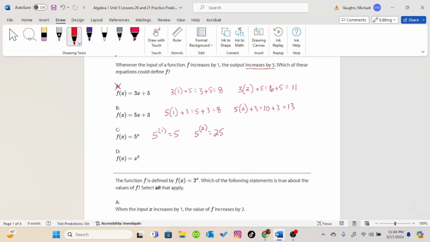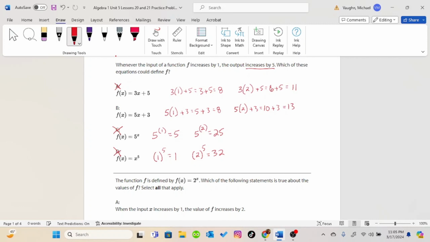Here we increased by 20, so it's not C. And finally, on D, 1 to the power of 5 is 1, but 2 to the power of 5, 2, 4, 8, 16, 32. We increased our input by 1, but we increased our output by 31.